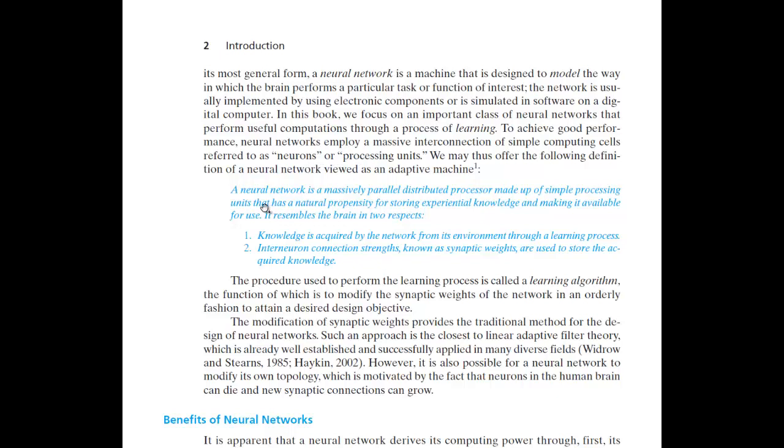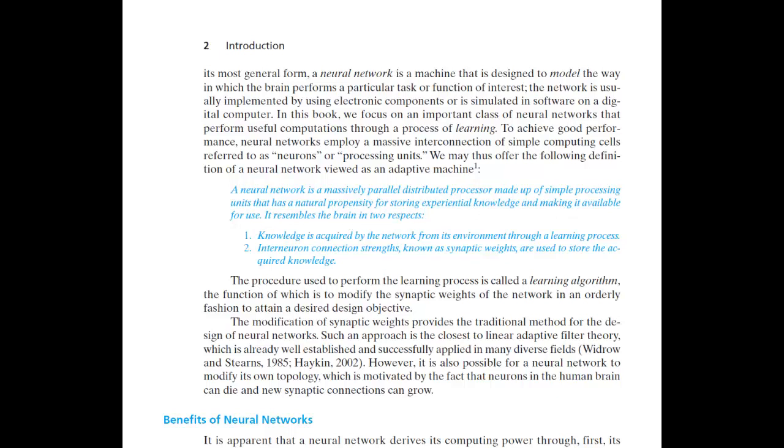Now if you see the important points which have been focused on in this book, a neural network is a massively parallel distributed processor made of simple processing units that have a natural propensity for storing experiential knowledge and making it available for use. It resembles the brain in two aspects.